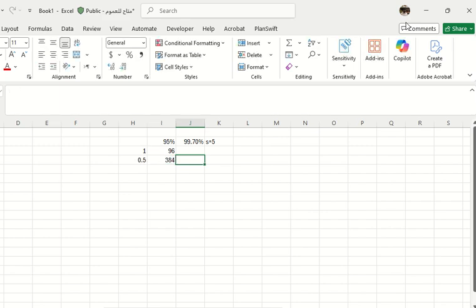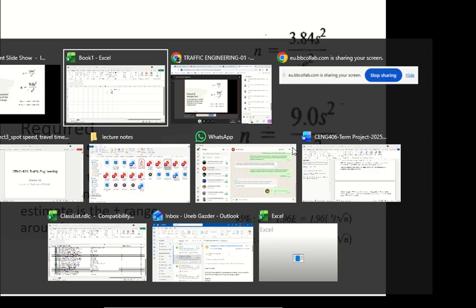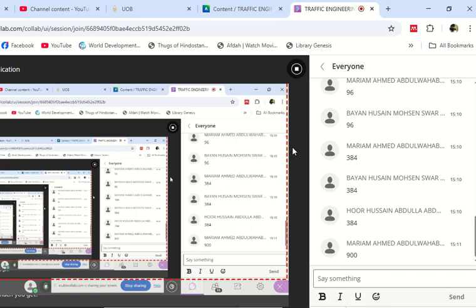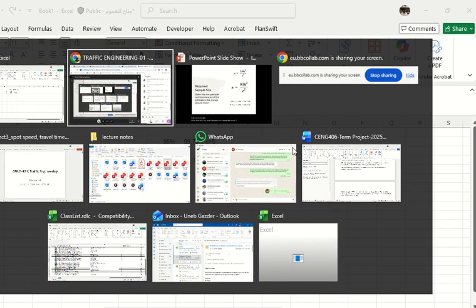Now you keep E as 0.5, but you change from 3.84 to 9. How much do you get? 900. Now you keep 9 and change E to 1.